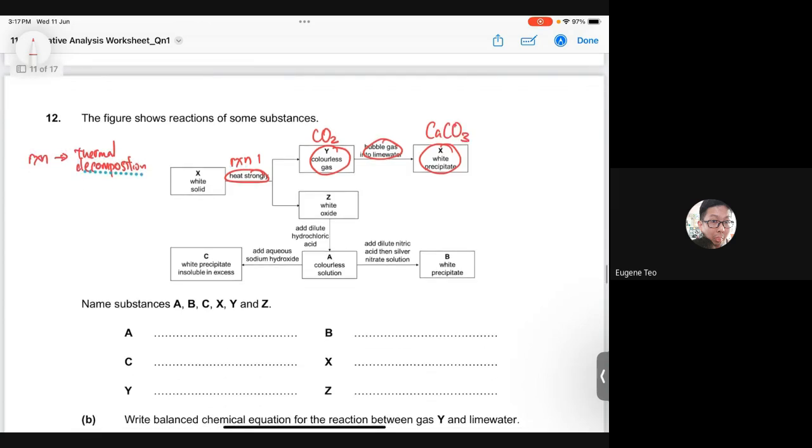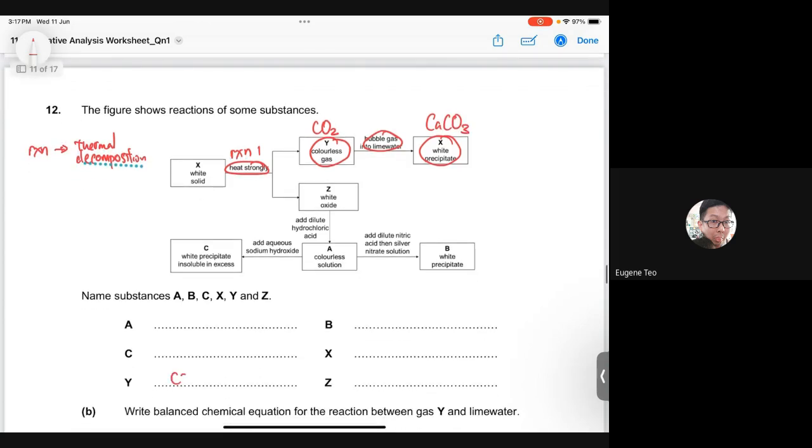So straight away, 2 of them I can get already. I know that Y is carbon dioxide. X is calcium carbonate. Okay, next one. I've got Z, which is a white oxide. So I know it must be something oxide because it says oxide, right?